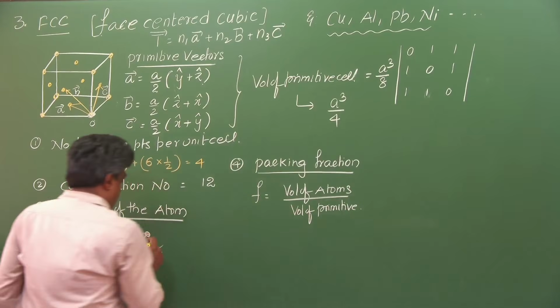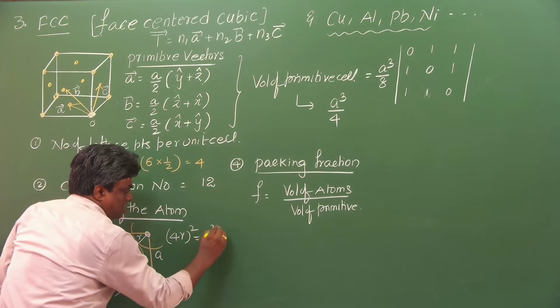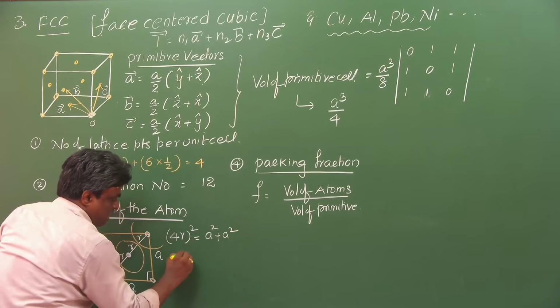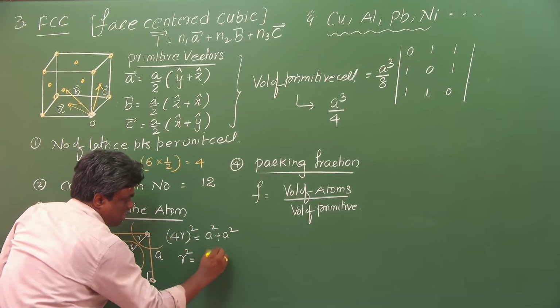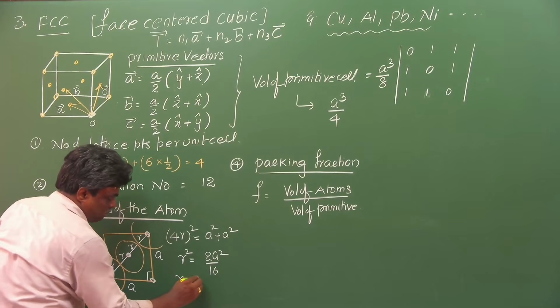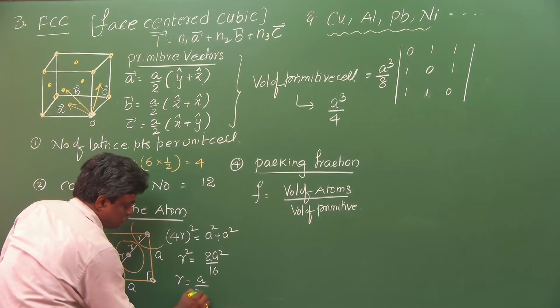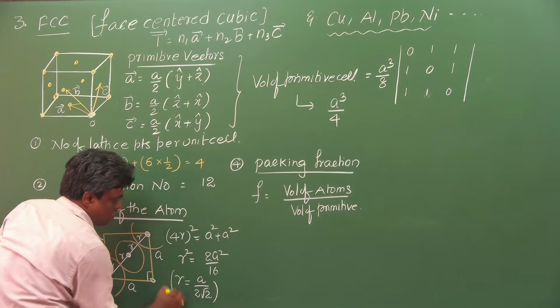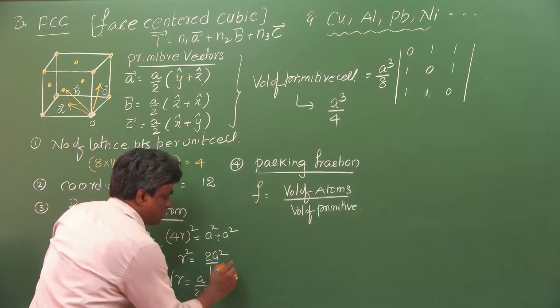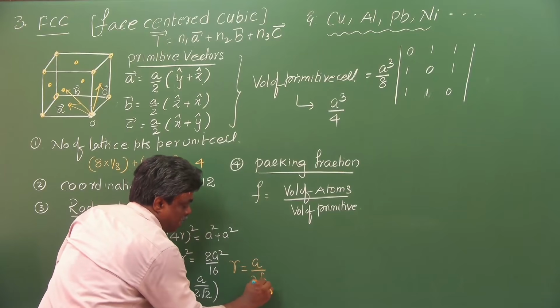Yes, I think here you got 4r whole square equal to a square plus a square, and r square is equal to 2a square by 16, and r equal to a by 2 root 2. So the radius of the atom in FCC, don't forget, very important, a by 2 root 2.